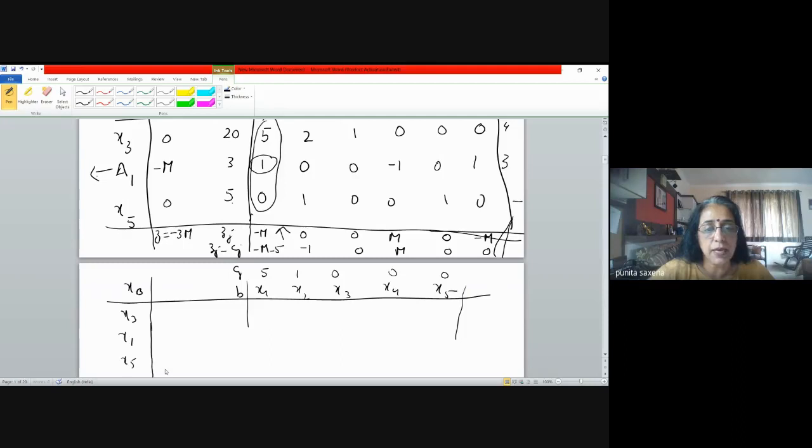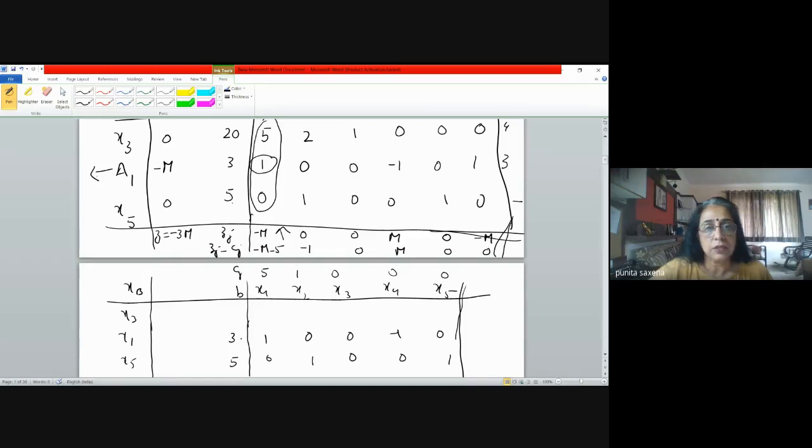Since my second row is not going to change, it's 3, 1, 0, 0, minus 1, 0. The third row is also not going to change, so it's 5, 0, 1, 0, 0, 1.